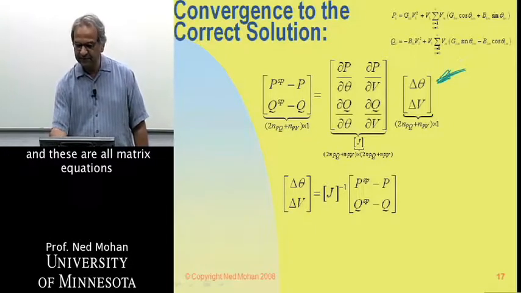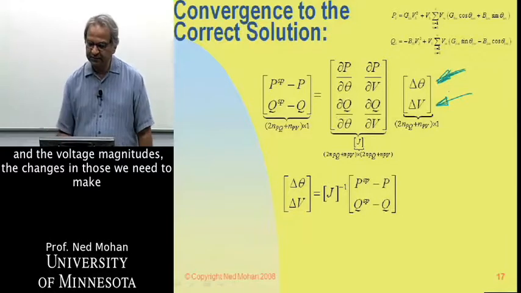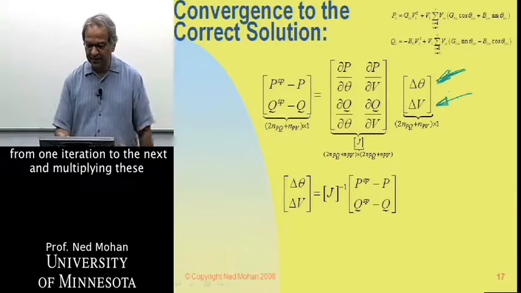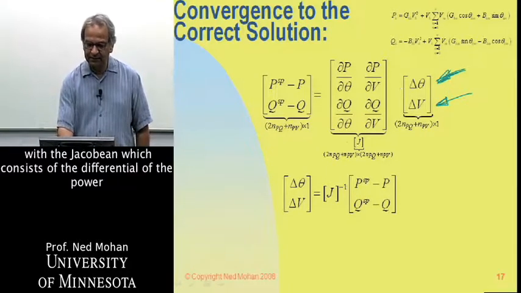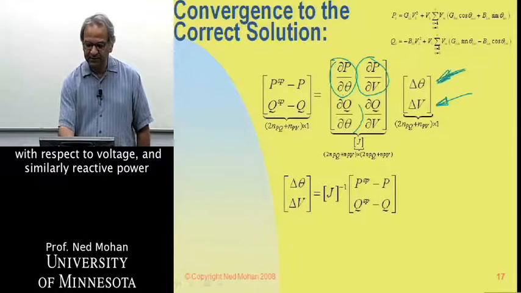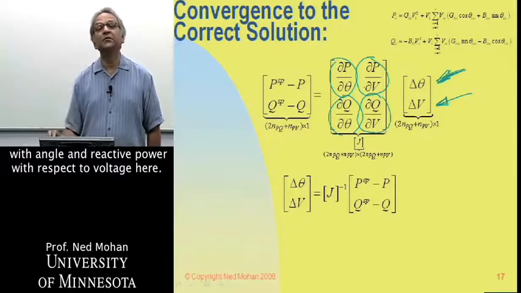And these are all matrix equations, and the voltage magnitudes, the changes in those we need to make from one iteration to the next, and multiplying these with this Jacobian, which consists of this differential of power with respect to angle, differential of power with respect to voltage, and similarly reactive power with angle and reactive power with respect to voltage here.